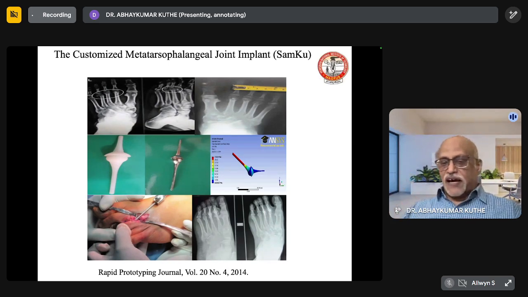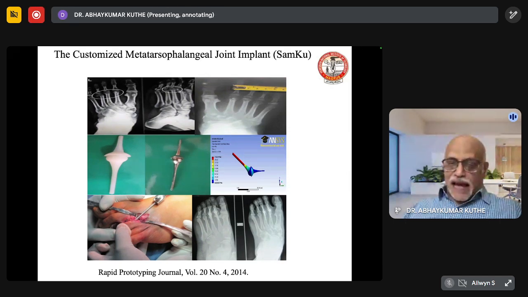And you can see that we have again published the same result in 2014 in Rapid Prototyping Journal, Volume 20. I'll be really happy if you can go through it, and you can see that it is a wonderful experience of amalgamating engineering and medical together for some societal benefit.